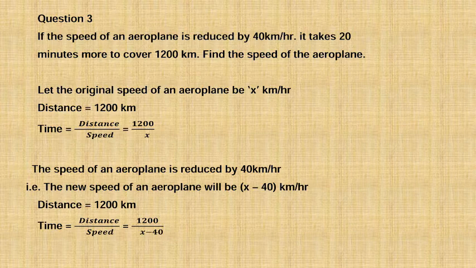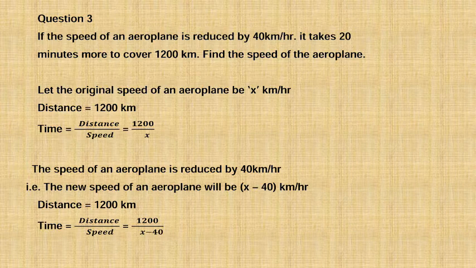As usual, let us assume the original speed of an aeroplane as x kilometer per hour. Distance covered is equal to 1200 kilometer. So time will be equal to distance by speed, that is 1200 by x. Mark it as result number 1. Then the speed of an aeroplane is reduced by 40 kilometer per hour.